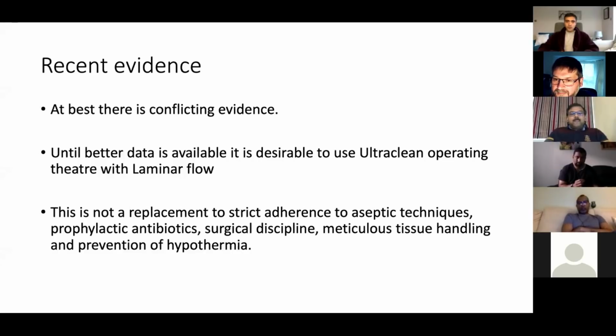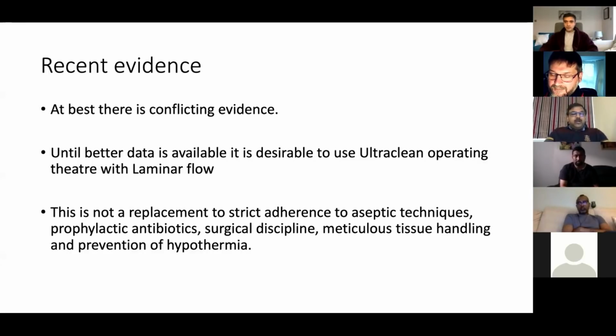So my exam answer would be, it is desirable to use an ultra clean operation theater with a laminar flow for all my major surgeries, particularly arthroplasty surgeries, unless more definitive evidence comes into light.